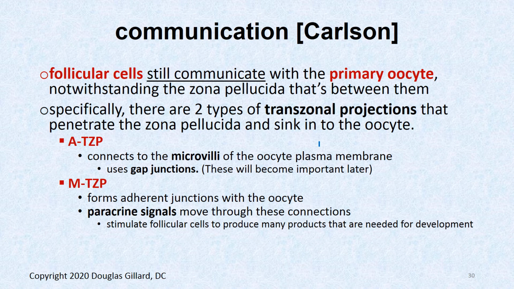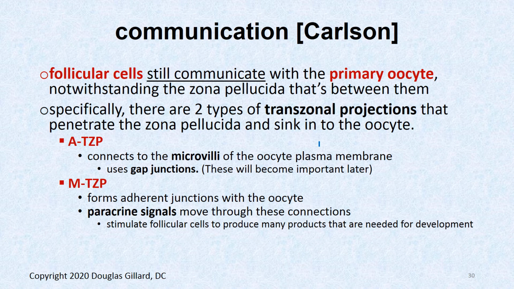Communication. So now our oocyte is trapped inside the zona pellucida. Is there any way to communicate with the inside of that thing? And there is. The cells around the outside are able to communicate through the zona pellucida by two types of projections that penetrate the zona pellucida and sink into the oocyte. Specifically, we have an ATZP, a protein, which connects to the plasma membrane of the oocyte.